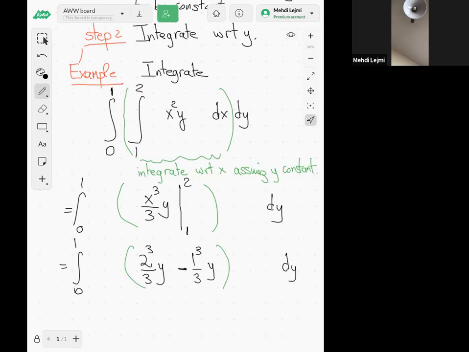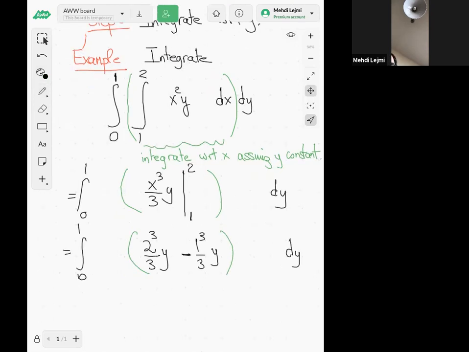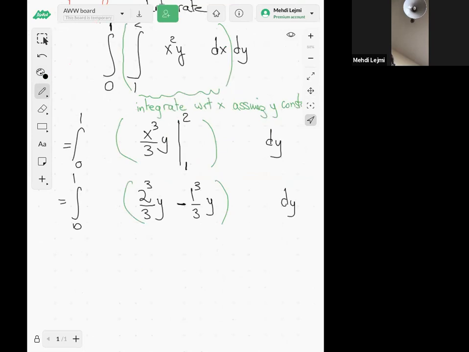So that is equal to the integral from 0 to 1 of 8 over 3 y minus 1/3 y, dy.